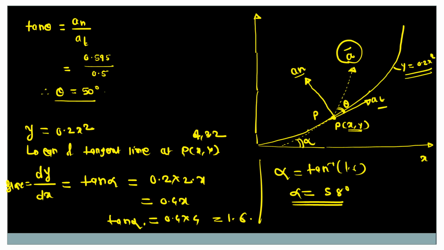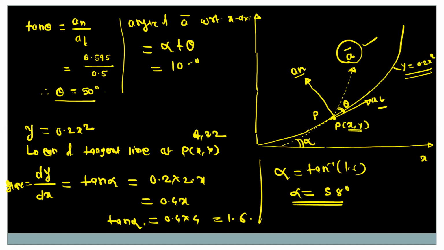Now we can find out the total angle of this a bar vector with respect to the x-axis. Just add these two angles, alpha and theta. Okay. So the total angle of vector a bar with respect to the x-axis is equal to alpha plus theta. So that is equal to 108 degree.